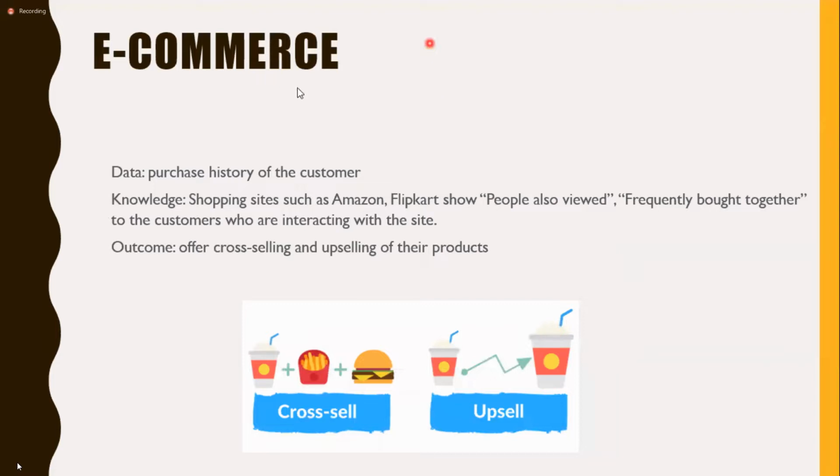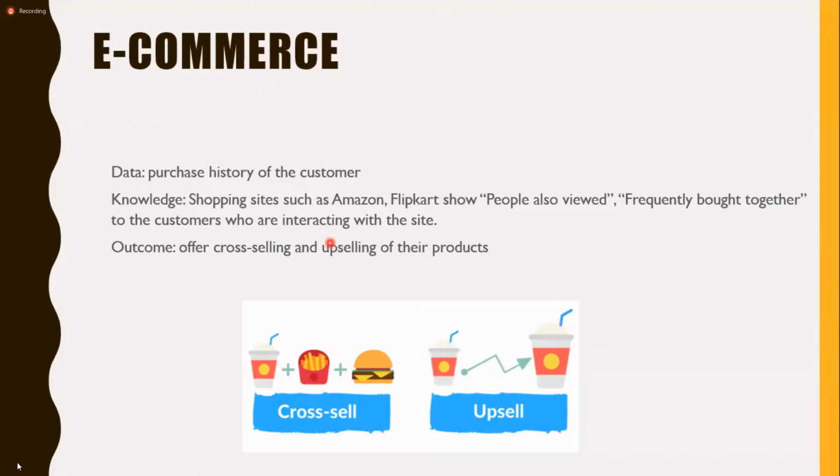Yeah. And next one is e-commerce. So e-commerce means online purchase. So previously the retail sector, you can consider it as physical, whereas e-commerce means we can do this retailing online. Okay, so the purchase history of the customer will be the data. And knowledge could be, if you consider shopping websites such as Amazon and Flipkart, what they'll do, they will provide some information to the users, such as people also viewed these items, and these items are frequently bought together.